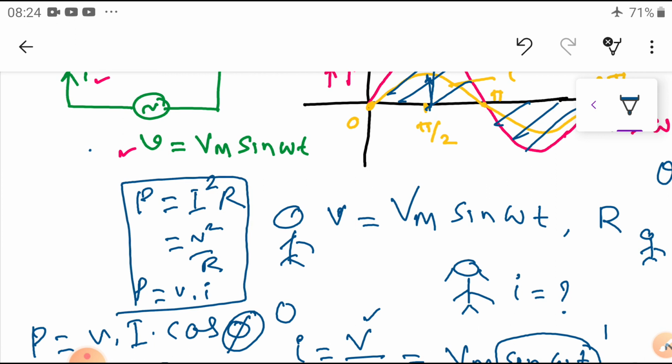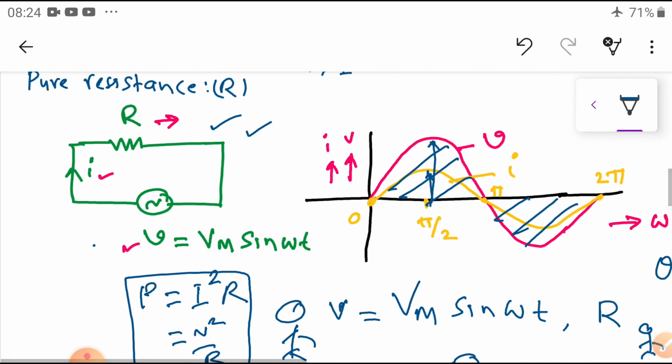Now we will see the next component, inductance. If we remove this and connect the inductance, what are these relations? If we remove the inductance and connect the capacitance, what are the same relations? We will see.